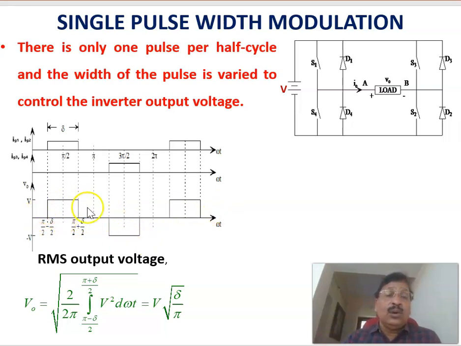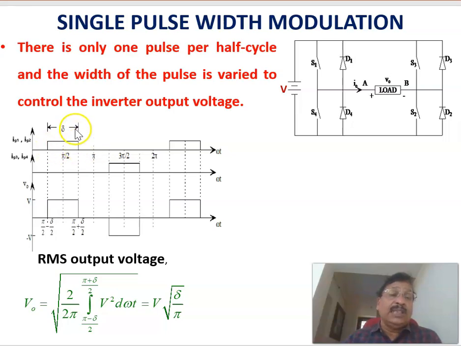By controlling the width of this pulse, that is, this delta can be controlled from more than 0 up to the maximum value equal to pi. If it is pi, it is a square wave inverter, and otherwise it is in between 0 and pi.